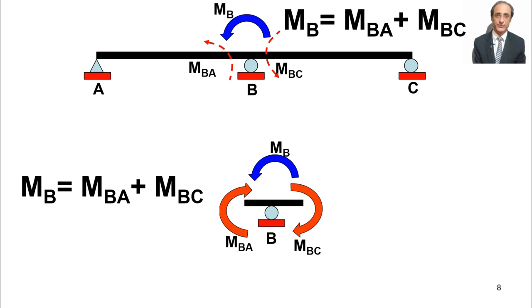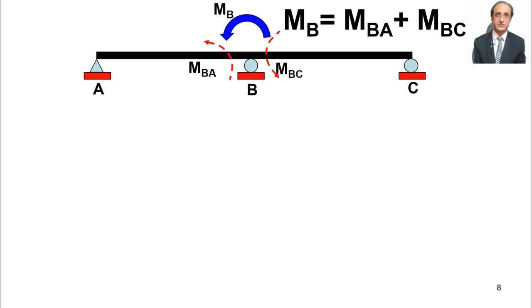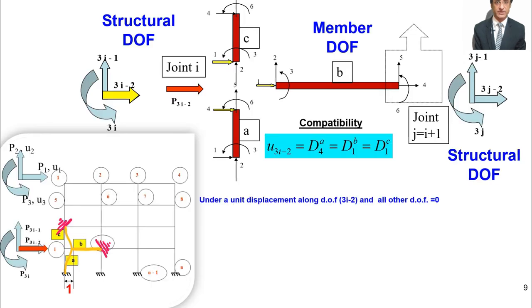And here also opposite of this will act. So now you do equilibrium of the joint. Do you get the same answer? If you do joint equilibrium, you get the same answer. So that means we need not draw the joint equilibrium. Just that whatever is the direction of the joint moment, the internal moments on the members should be in the same direction. That's the common thing we use in the slope deflection formulations.